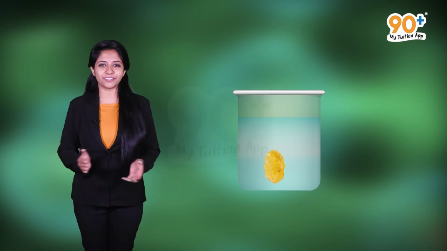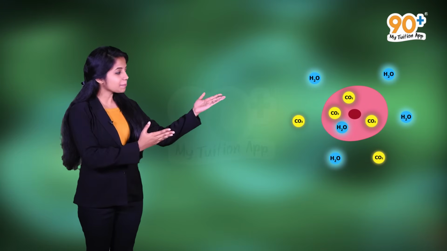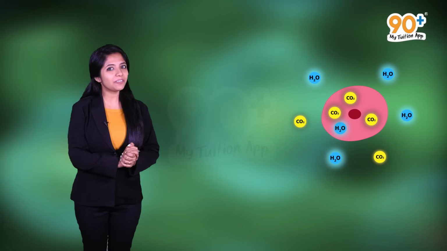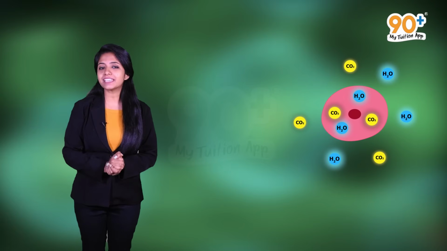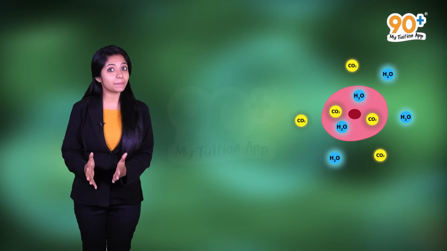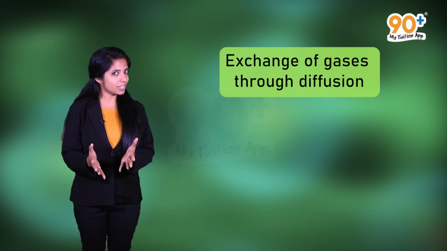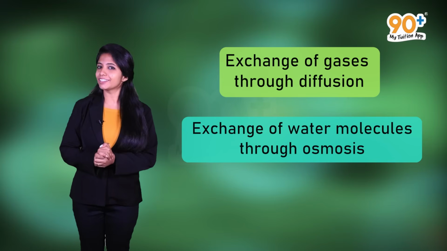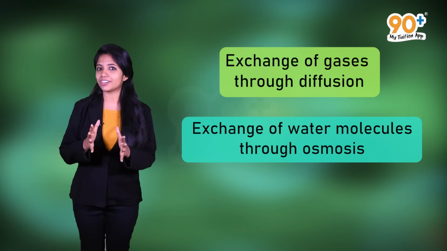Okay, so now we know how substances like CO2 and water move in and out of the cell, right? Well, yes, it's because of the permeability of the plasma membrane, which allows the exchange of gases through diffusion and water molecules through osmosis only when there is a concentration difference across the cell.